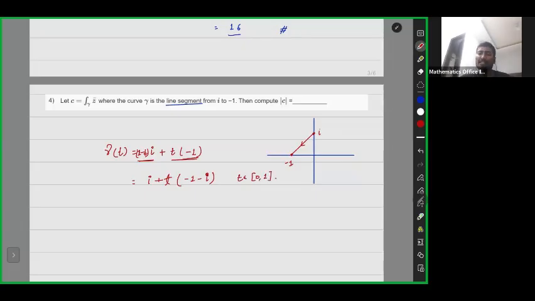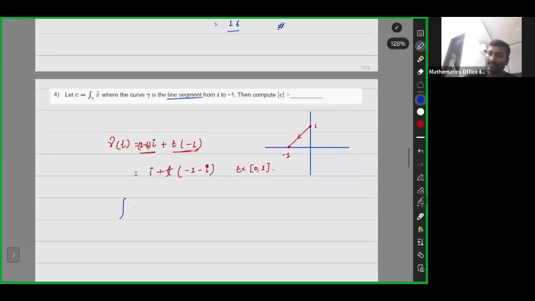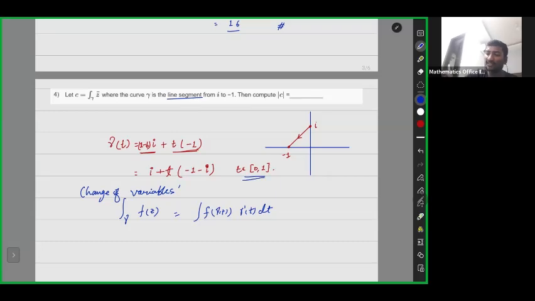Now we have our line segment, and we want to calculate the modulus of the given integral. So let's calculate the integral first. We are using the change of variables: the integral over gamma of f of z is the integral of f of gamma t times gamma prime t dt, and because the parameterizing interval is 0 to 1, the limits are 0 to 1.